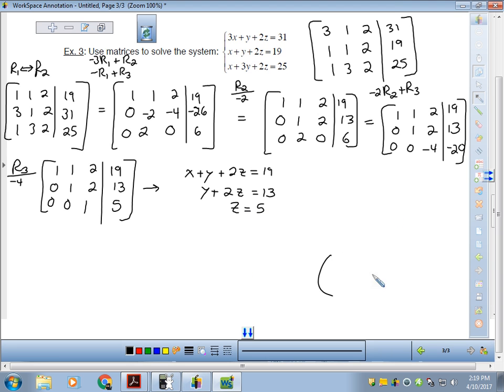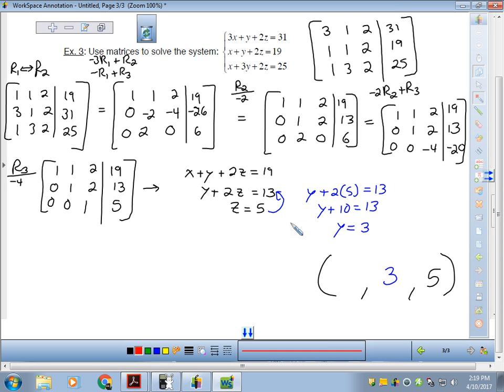So we already know that part of our answer is z equals 5. But I need to find x and y. Well, take this z that you found and plug it into this equation right here. Y plus 2 times 5 equals 13. Y plus 10 equals 13. Subtract the 10, you get y equals 3.